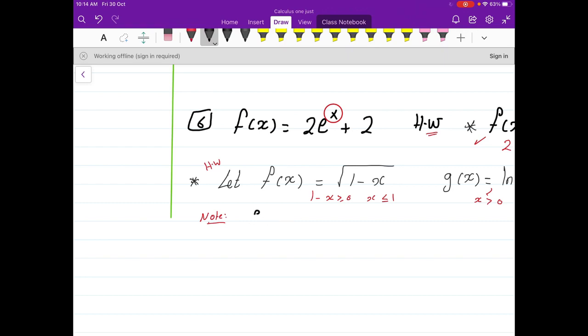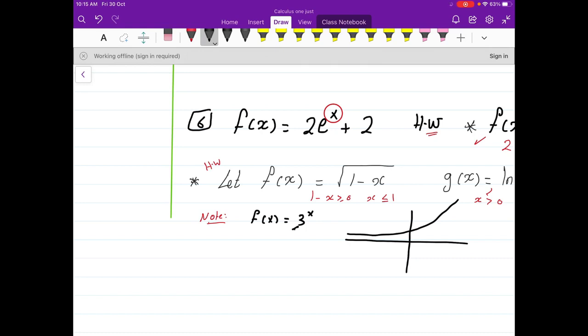If f(x) equals 3 to the power x, it is an increasing function, and the graph looks like this, which approaches the x-axis since the base is greater than 1.